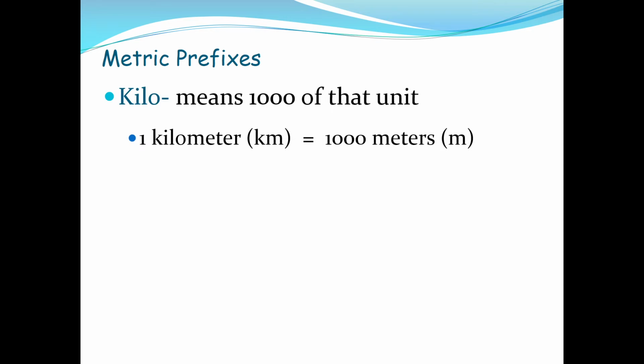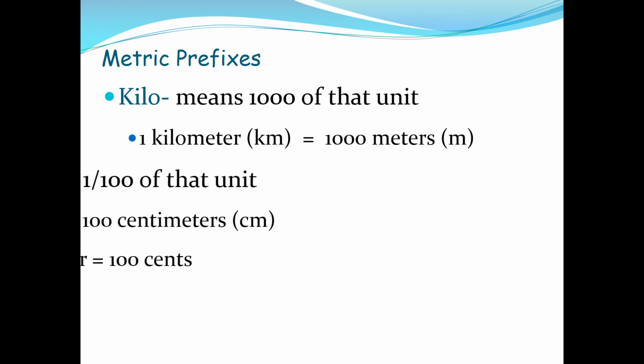Kilo means 1,000 times that unit. So you have a kilometer, often pronounced kilometer. Kilo means 1,000, so 1 kilometer is 1,000 meters.